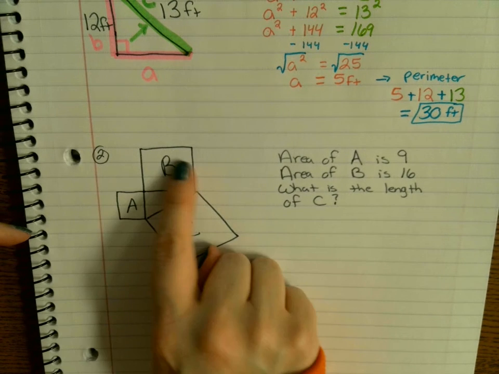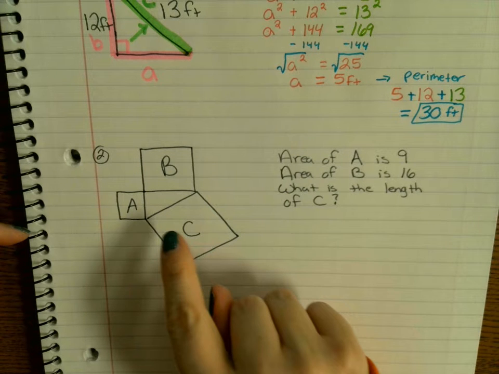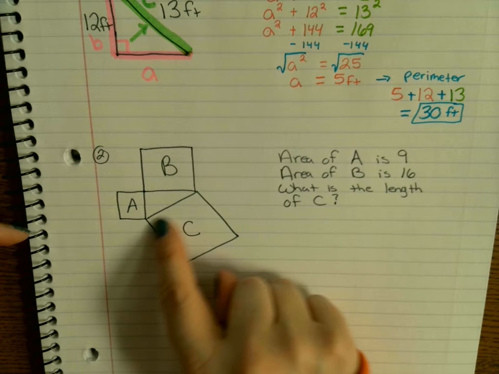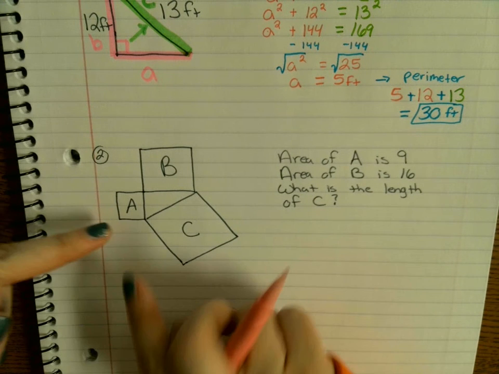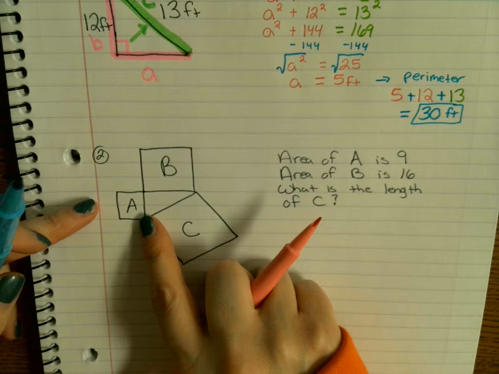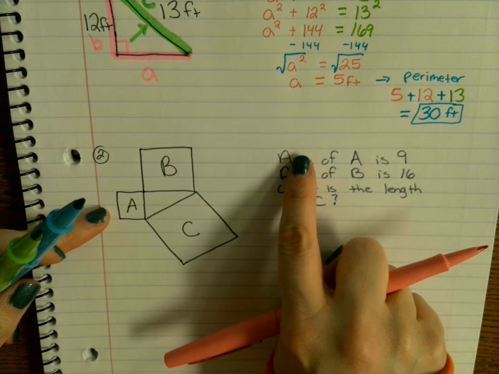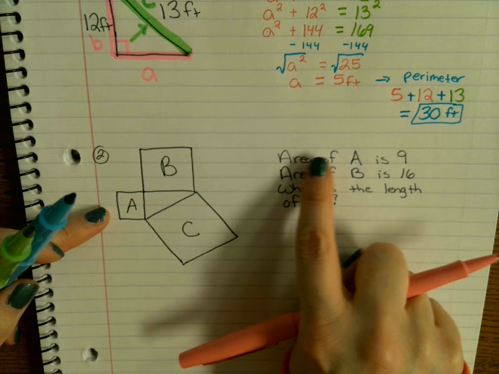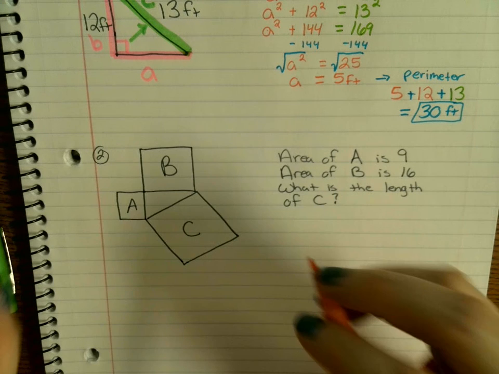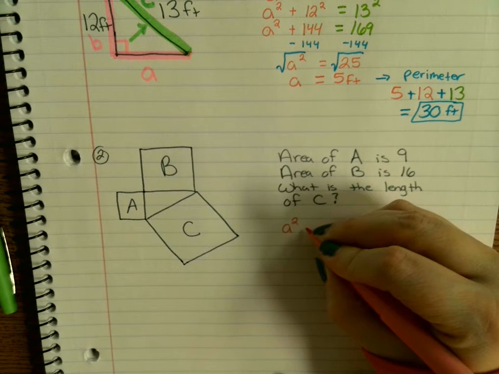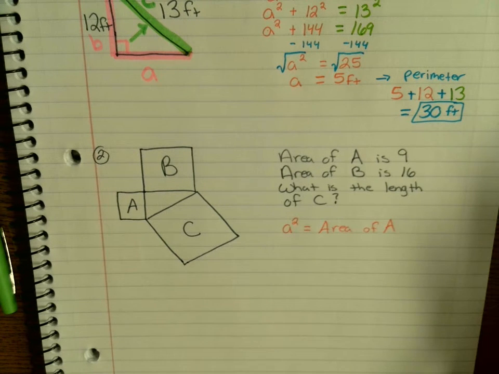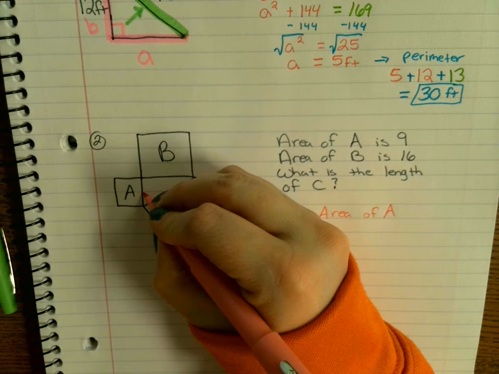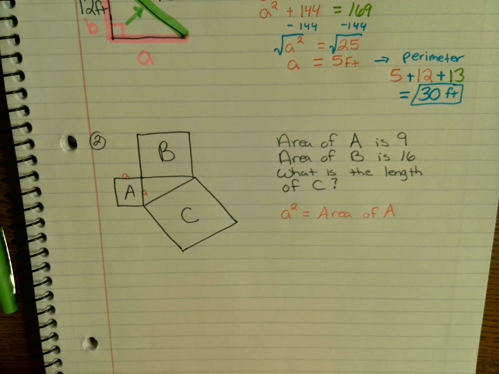I want to know what is the length of C. Because we're dealing with a square, this is essentially A squared. The area of A is the same thing as A squared. So write that down. We have little a by little a that we would be multiplying together. That would give me A squared, the area of A, which happens to be equal to 9.